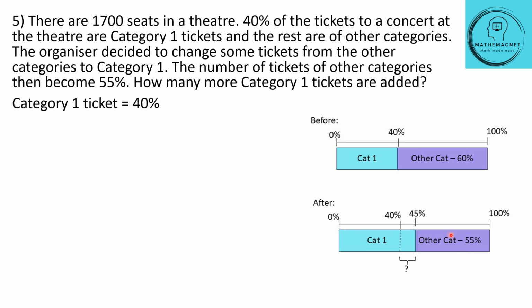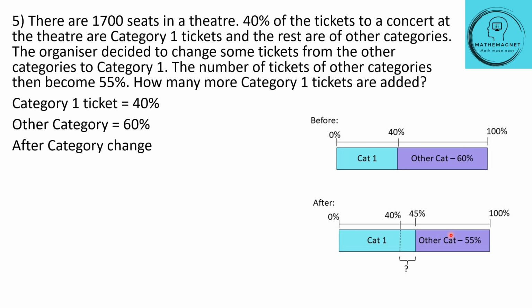How do we find? Let's check. Now category 1 ticket is 40%. Other category is 60%, that is 100% minus 40%. So after the category change, other category becomes 55%.